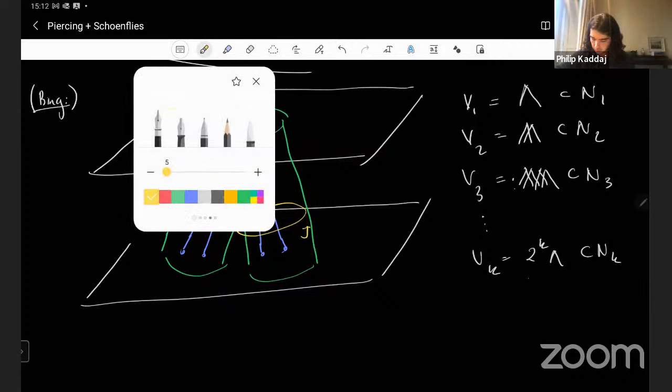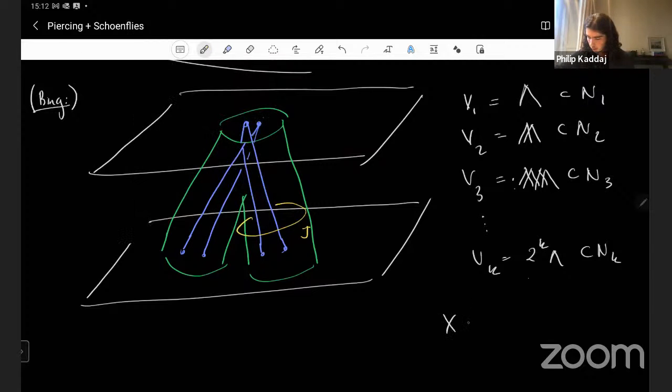So first I define the pile of sticks to be the intersection of these, and we cannot lift J without intersecting all of these.